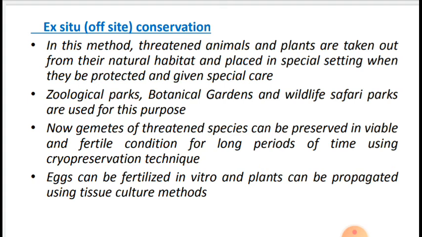Now, gametes of some threatened species can be preserved in viable and fertile condition for a long period using the cryopreservation technique, where low temperature is provided. Eggs can be fertilized in vitro, meaning in laboratory conditions, and plants can be propagated using tissue culture methods. So nowadays many techniques are available for this.